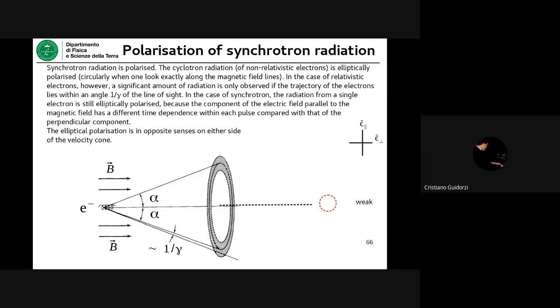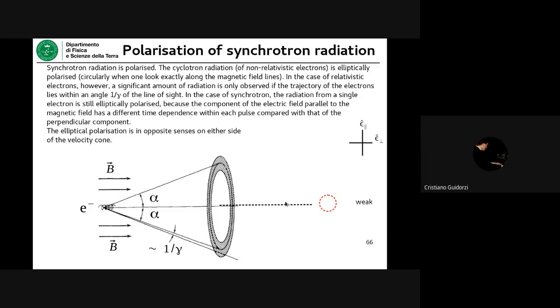But based on what I said a couple of minutes ago, if your line of sight lies relatively far from the shaded regions here, you will receive a very small amount of radiation, because you are out of this region, and this region is where the line of sight collects most of the radiation emitted by the electron.